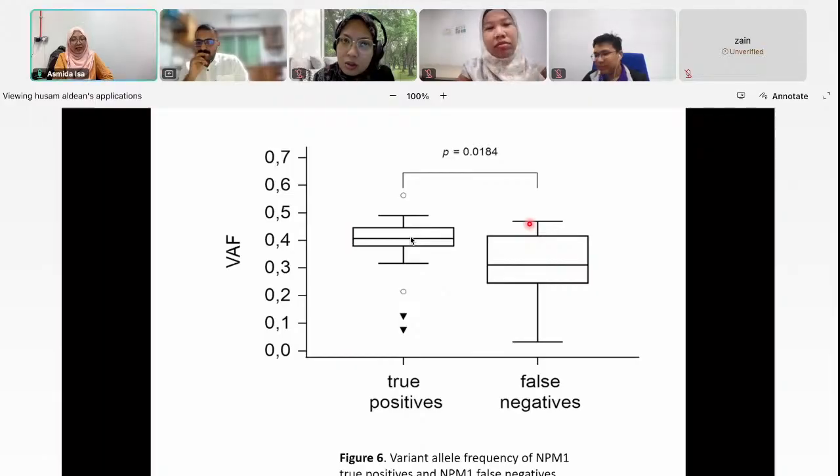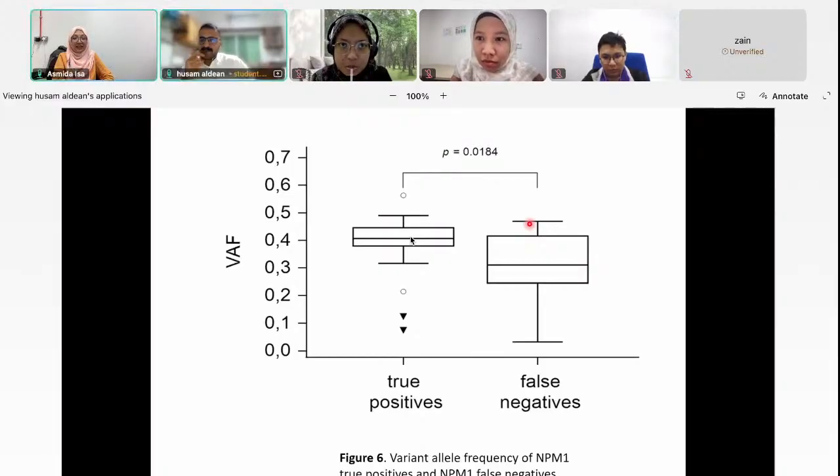So in this case, this box plot shows from the analysis of the variant allele frequency that the true positive is higher than the false negative, which you should expect or anticipate from the analysis. However, it's not significant.